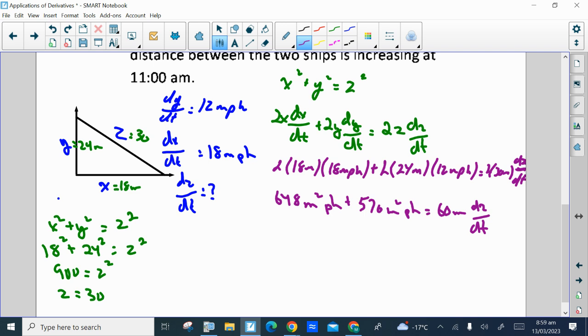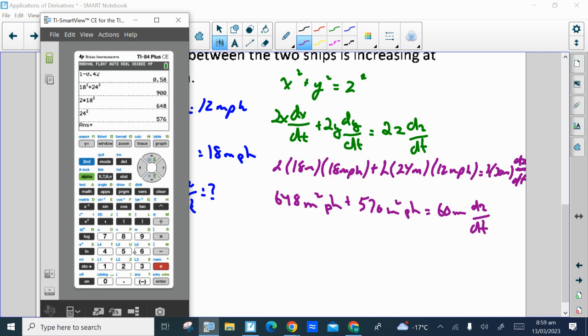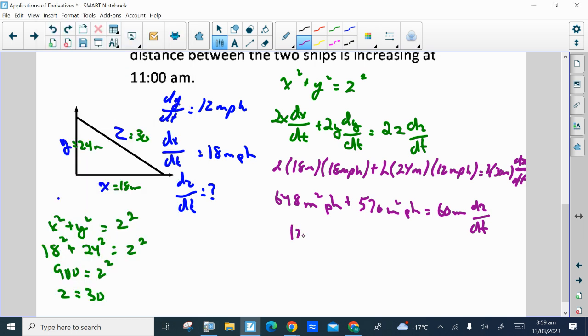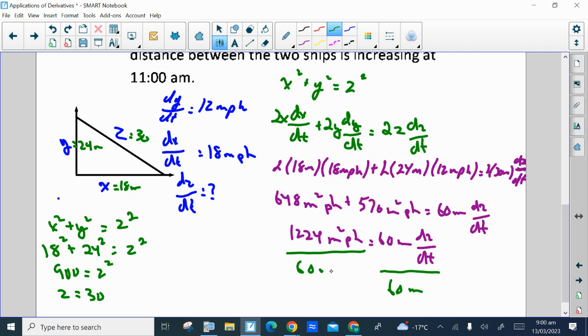So I can add those two together on the left because they are like terms. 1,224 miles squared per hour equals 60 miles times dz by dt. And then we would divide both sides by the 60 miles to get dz by dt by itself.